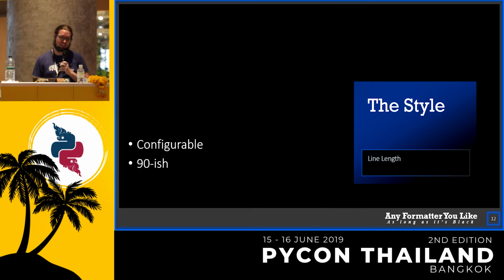And the reason it's 90-ish is actually explained in the README. If you go to Black's README, there's a link to a YouTube video, which explains the original rationale, why it should be 90-ish. But the actual default value is not 90, it's 88. And the reason it's 88 is because we just ran a bunch of experiments across Facebook's millions of lines of code.